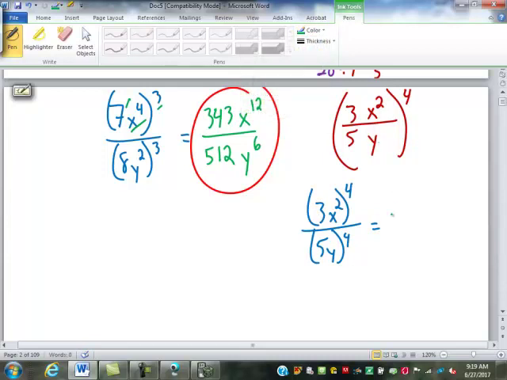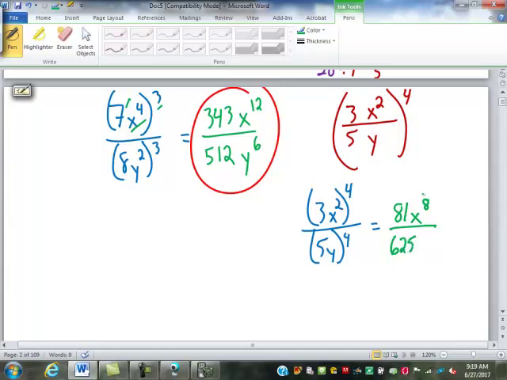What is 3 to the power of 4? 81. X squared to the power of 4? X to the 8th. 2 times 4 is 8, right? On bottom, 5 to the power of 4 is 625.